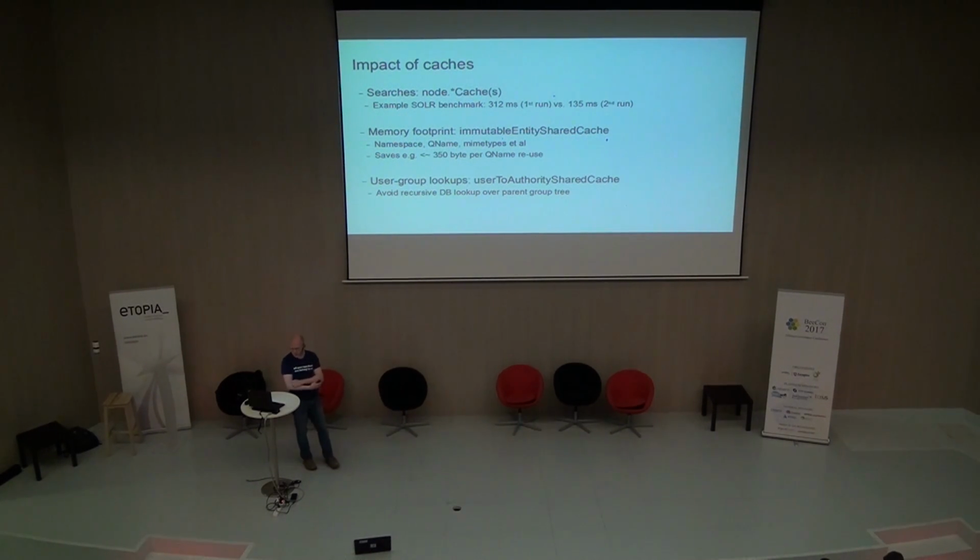And lastly, for specific use cases on a service level, there can be quite significant improvements from reusing calculated data. For example, for the user to authority shared cache. Basically, if you're looking at the groups of a single user over a multi-level hierarchy of groups that he can be a member of, this type of cache helps to basically shortcut the entire execution of the recursive lookup.